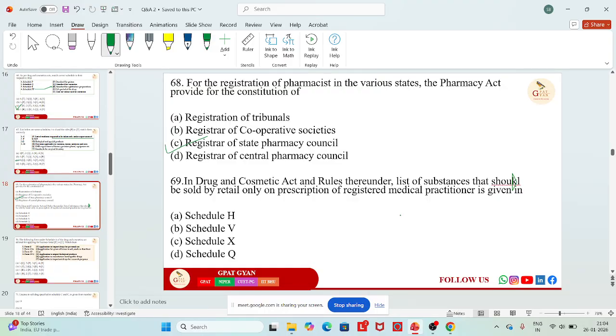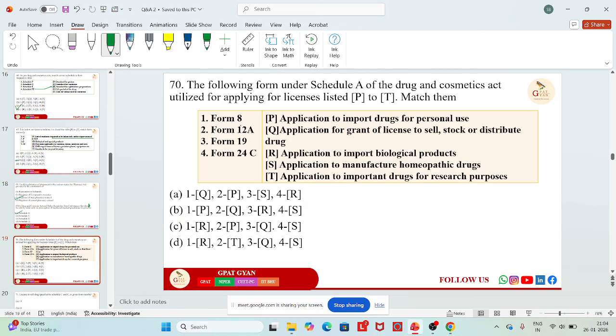Okay, you answered this. Should be retail only on prescription of registered medical practitioner. Yes, Schedule H, of course. X, Q, V are not there. So Schedule H. Next is this. Answer this.